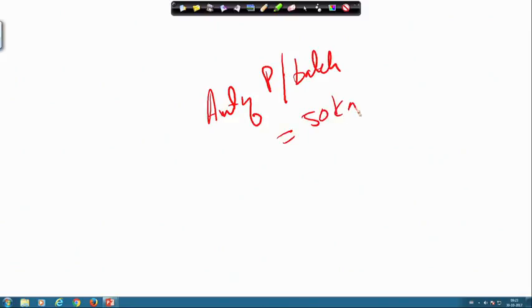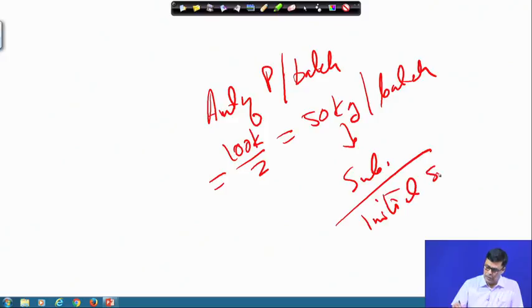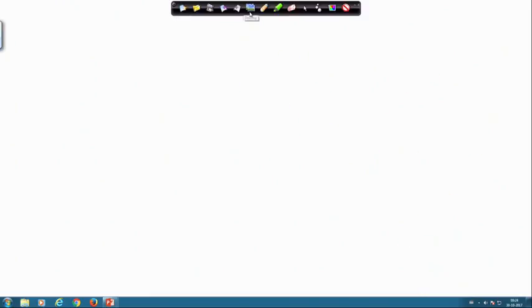Am I right? 100 kg divided by 2, if we assume the number of batches is 2. From that you can find how much substrate is required, and if you know the substrate required, you divide by the initial substrate concentration and you will get the volume. So, this is how you can find the volume of the batch process.